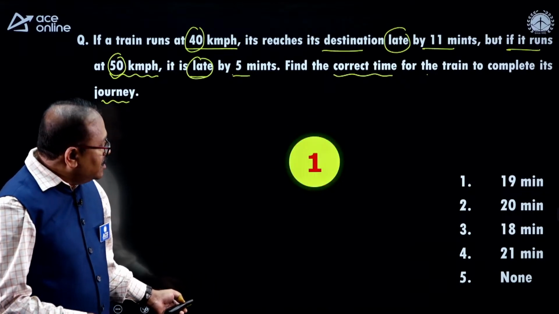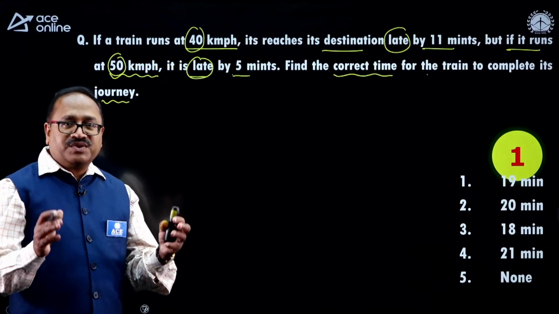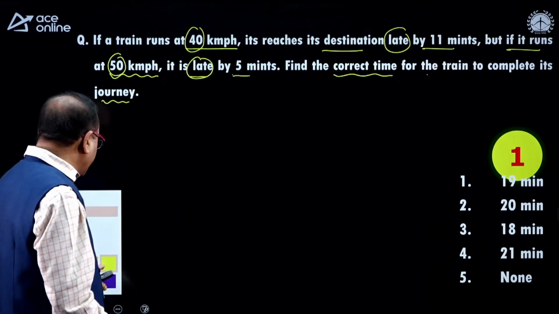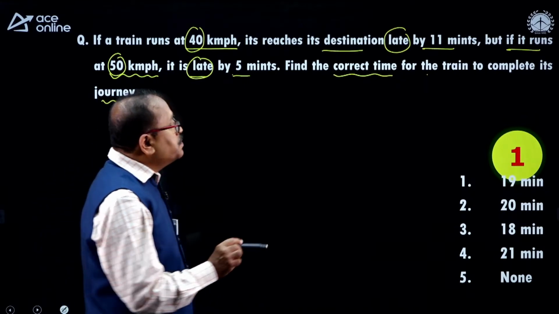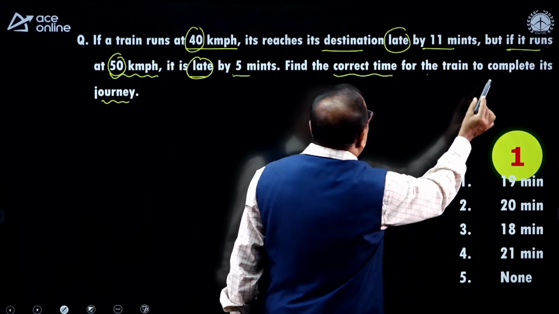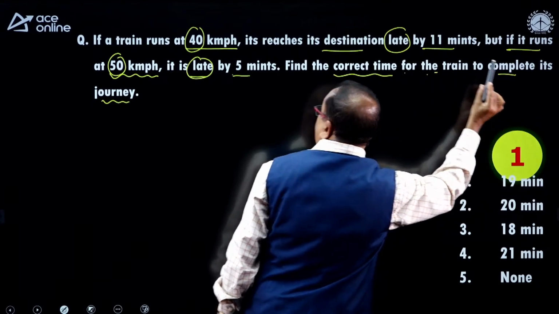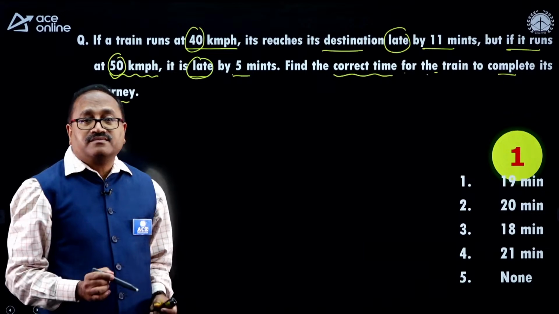Let me check. No, madam, it is option 1. Don't worry. It sometimes happens here, because I slightly twisted the last part, because many a time it has been done in the same way.